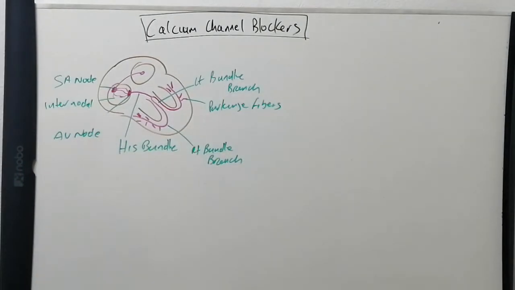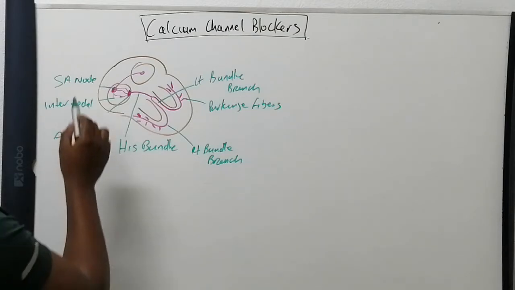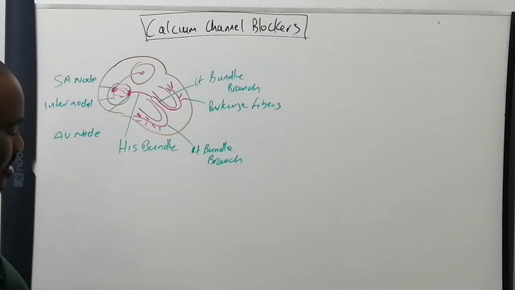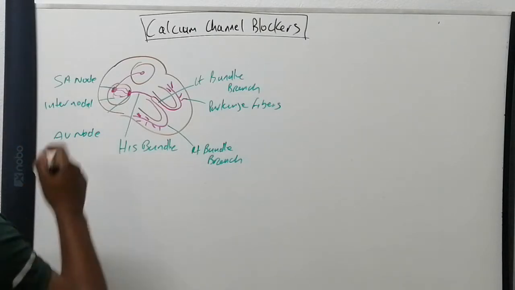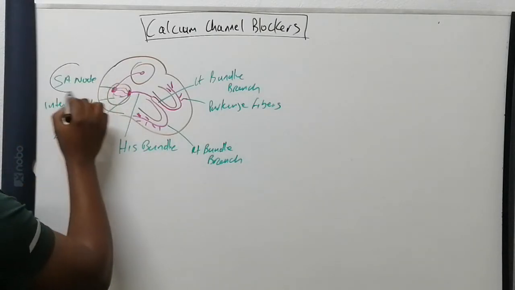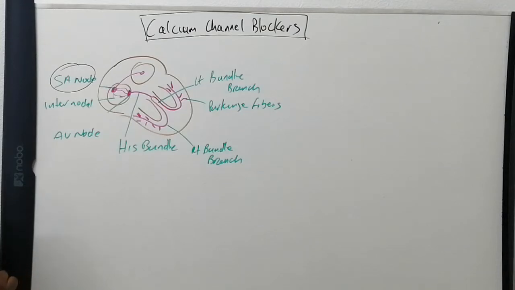Right? So our action potentials originate from the SA node normally. That's where they are initiated. I say normally because that's when you have a functioning conduction system.